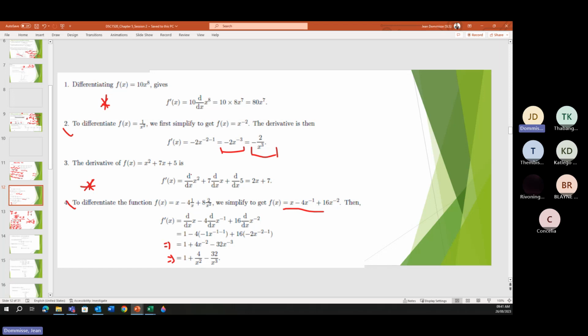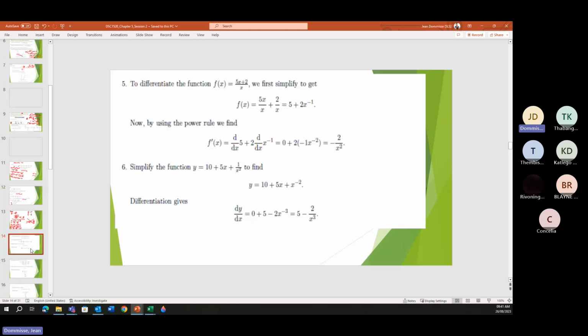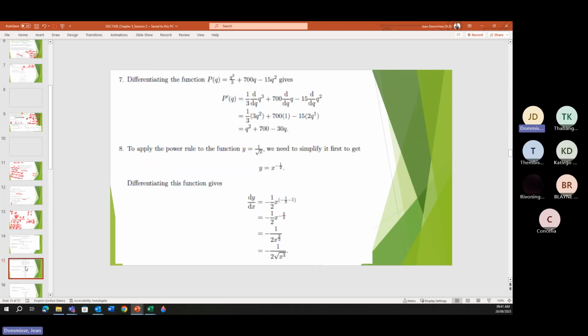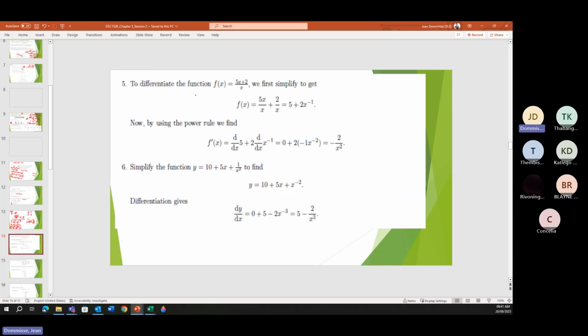I'll send you a previous exam paper or just one of the assignments, and you can look at that as well. So that was the first rule that we looked at.